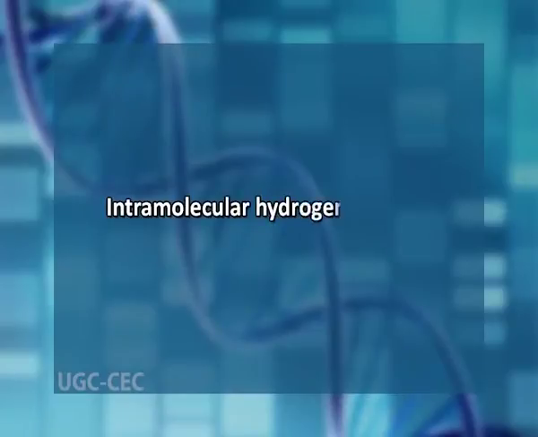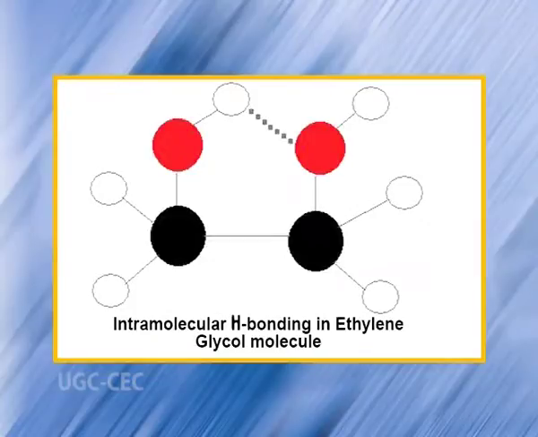Now, intramolecular hydrogen bonding. In intramolecular hydrogen bonding, the donor and the acceptor are in the same molecule. Intramolecular hydrogen bonds form 5, 6 or 7 membered rings where geometric restrictions make them relatively weak.